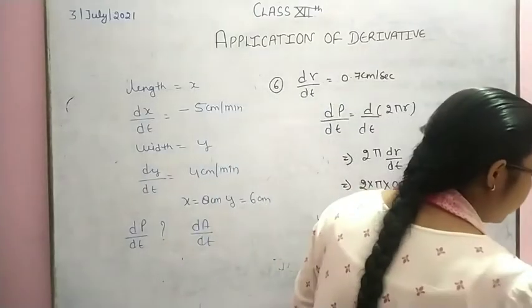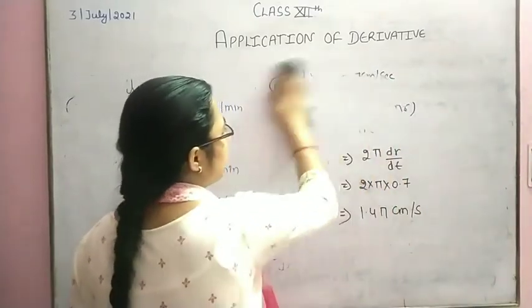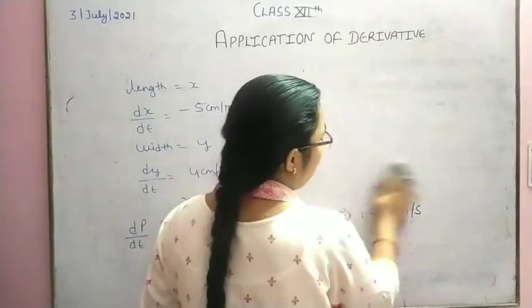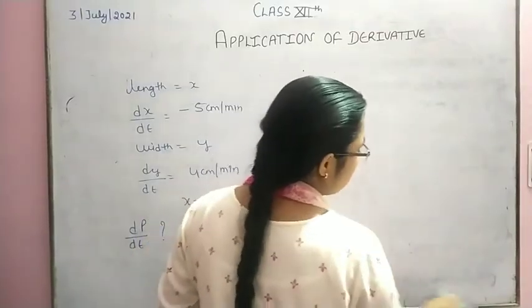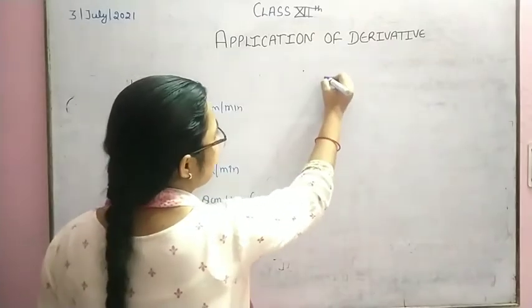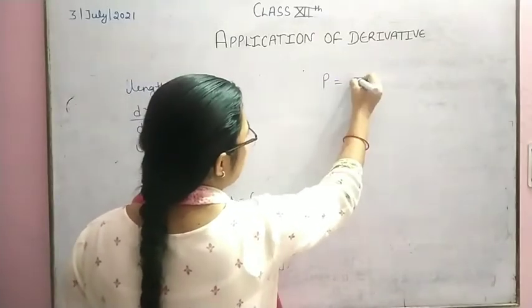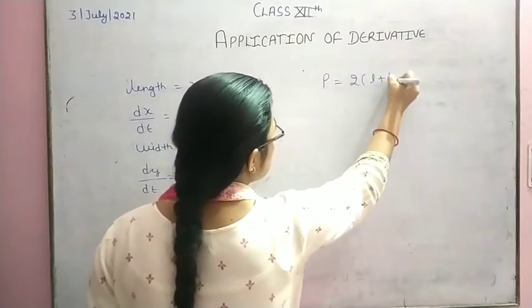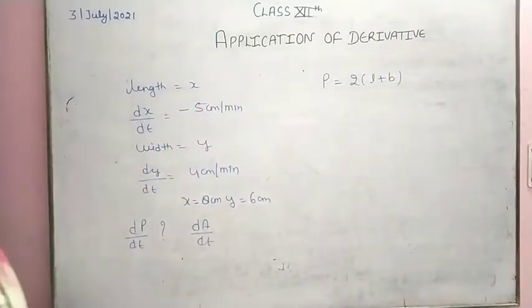So what we have to do? Firstly, to find the rate of change of perimeter, just write down the perimeter of a rectangle. So the perimeter of a rectangle is 2(L plus B), and L is given as x and B is given as y.